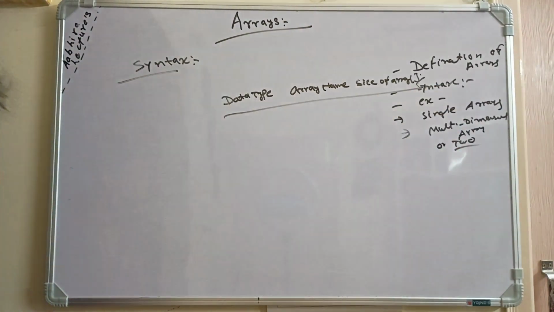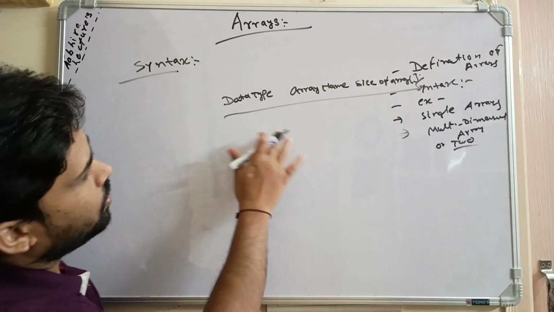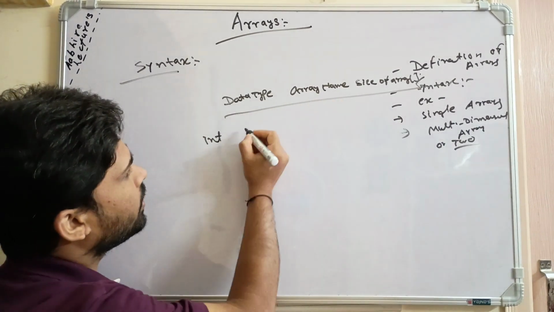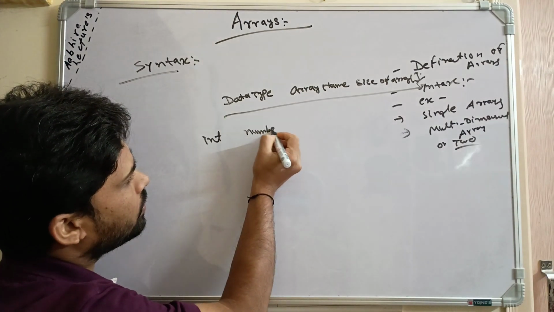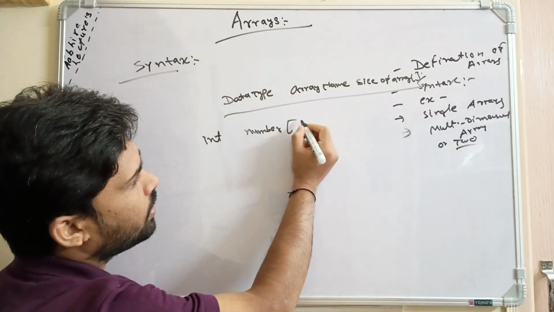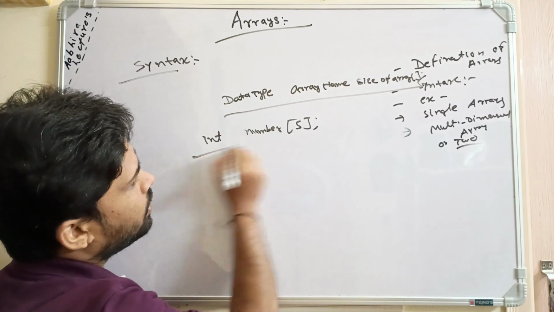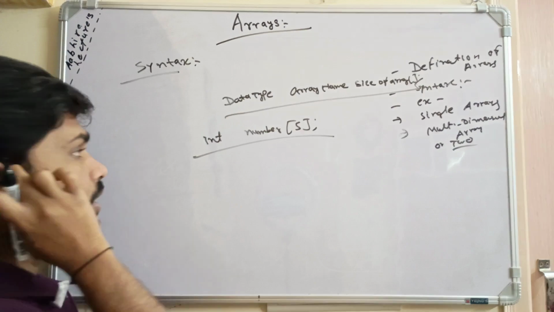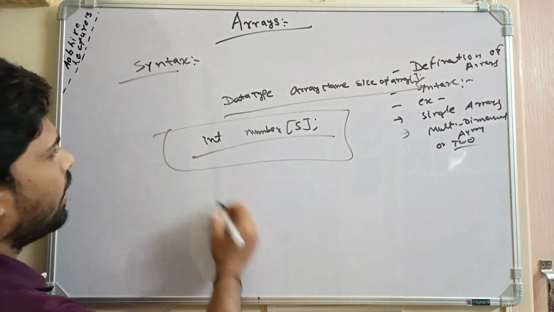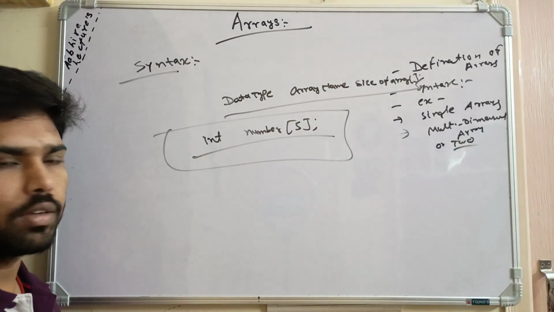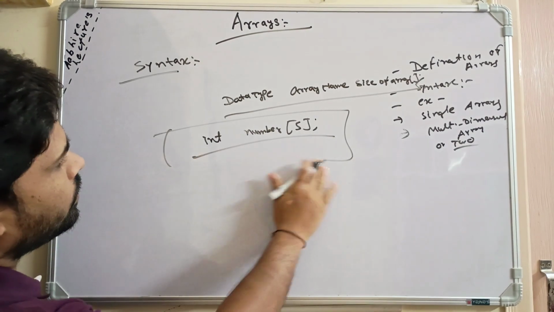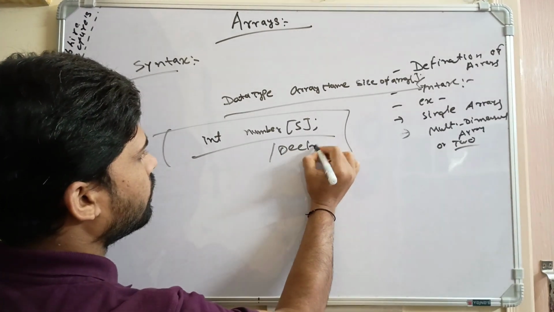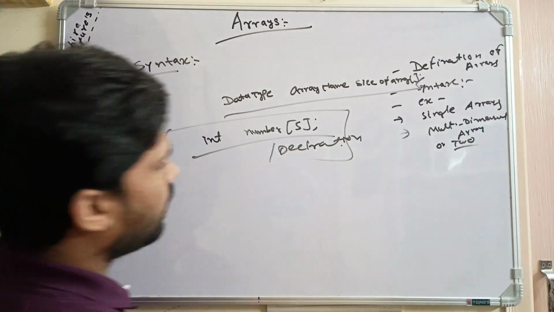So this is the general syntax of an array. For the data type, take integer. This is the data type. The array name can be any name, like number. This is the size of the array, meaning 5 is the size of the array. We can write 10, it's up to you. So this is the general syntax, or declaration, of an array.